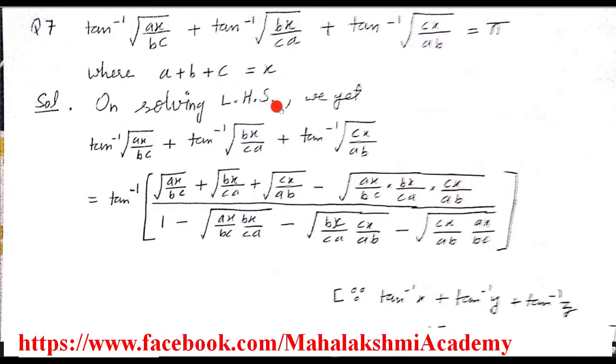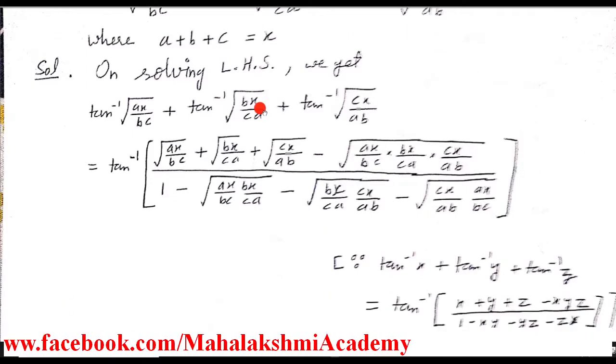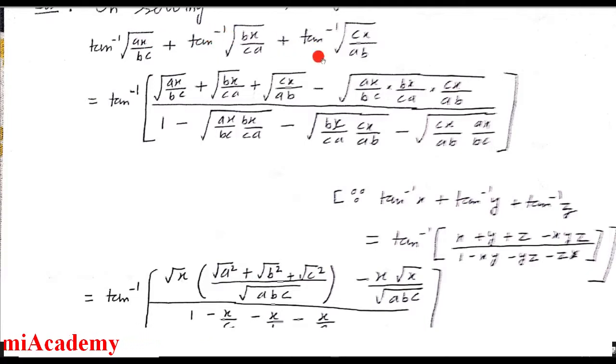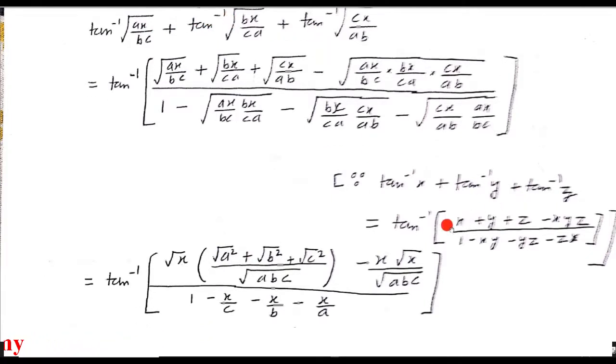So we will start by solving the left hand side. Students, in the left hand side we have three terms. All the terms are in the form of tan inverse, and as you know, the formula of tan inverse x plus tan inverse y plus tan inverse z is tan inverse of (x plus y plus z minus xyz) upon (1 minus xy minus yz minus zx).